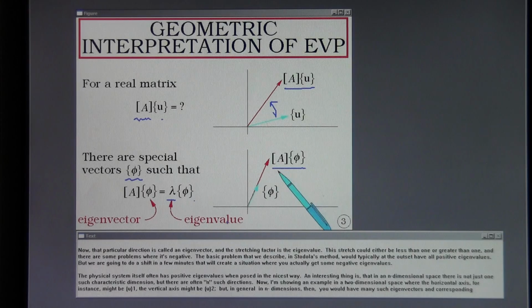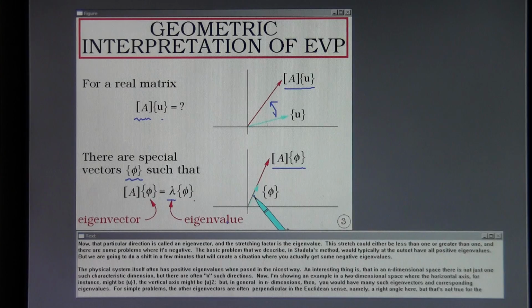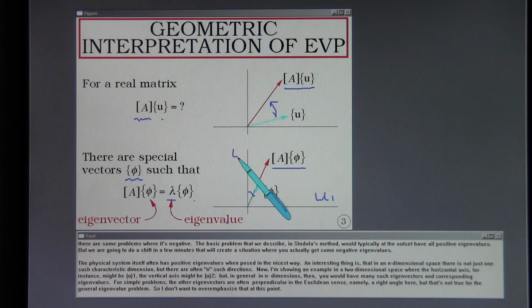An interesting thing is that in an n-dimensional space there are not just one such characteristic direction, but there are often n such directions. Now I'm showing an example in a two-dimensional space where the horizontal axis, for instance, might be u1, the vertical axis might be u2.